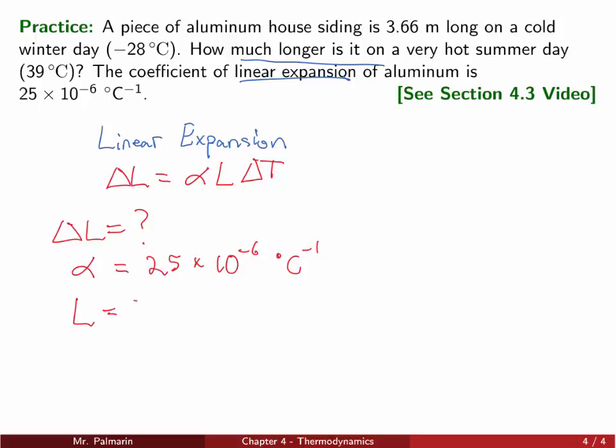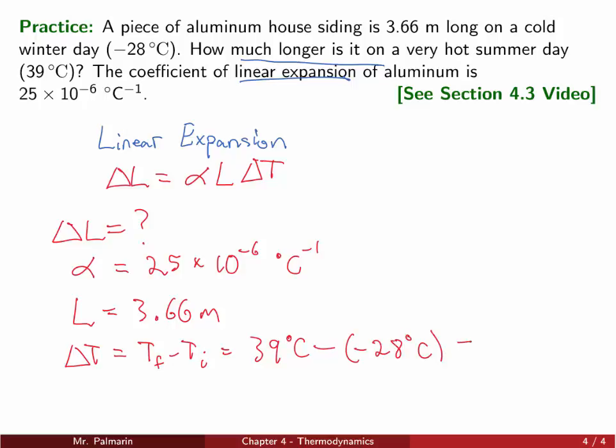Your initial length is 3.66 meters, and your change in temperature, here's important, is the final temperature minus the initial temperature, which in this case is 39 degrees Celsius minus negative 28 degrees Celsius. So your change in temperature will be a positive value. You're effectively going 39 plus 28 to get you 67 degrees Celsius.